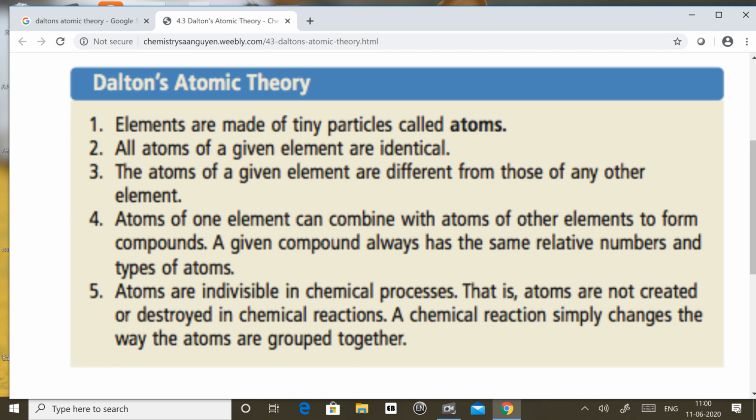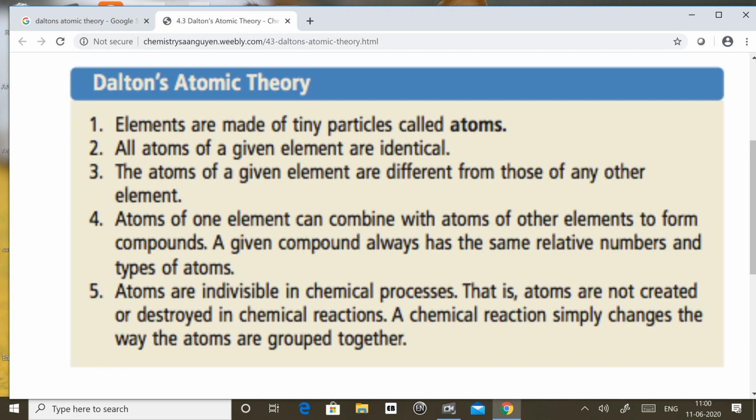Then fourth point, atoms of one element can combine with atoms of other elements to form compounds. A given compound always has the same relative numbers and types of atoms.